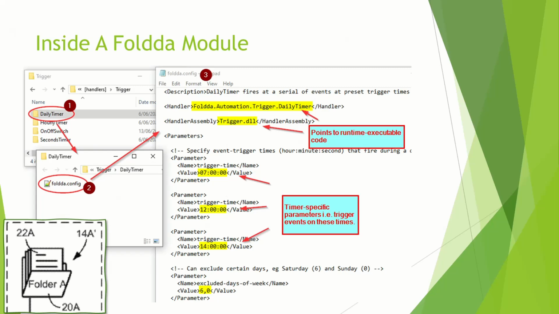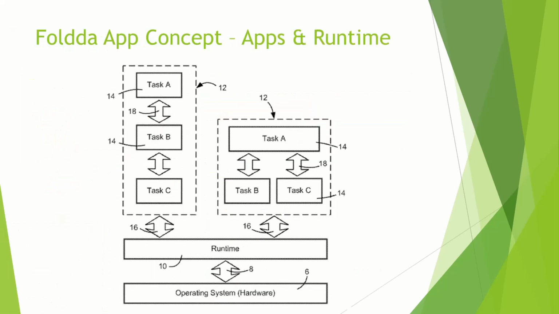Also, it says don't run this timer on the weekends. So this is how a typical folder module looks, and how it works by interacting with a runtime to get itself executed in the computer environment.